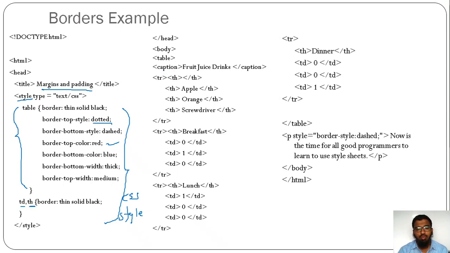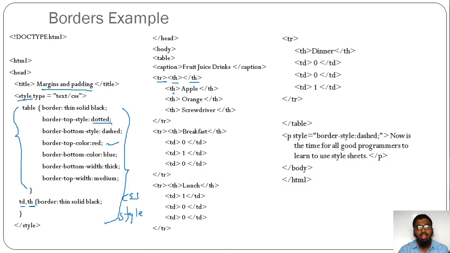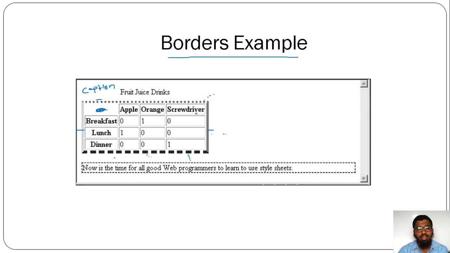So here the caption is fruit juice drinks. TR is table row, and the table heading is empty, because here we are not writing anything. Next, TH apple, TH orange, TH screwdriver. So this is the first row: apple, orange and screwdriver.